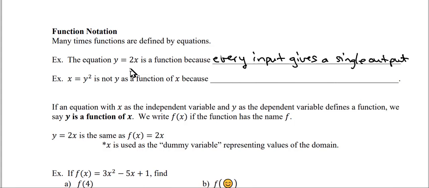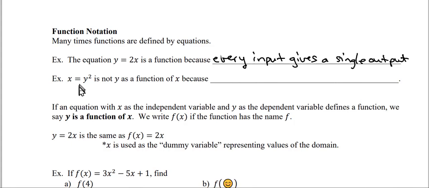Whatever you put in for x, it's implied that x is the independent variable and y is the dependent variable. No matter what you put in for x, y is going to be double that. So if you put in 10 for x, y is going to be 20. You are only going to get 20, not a bunch of other things.